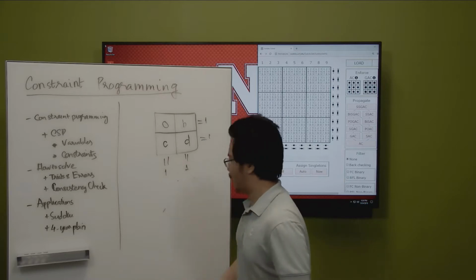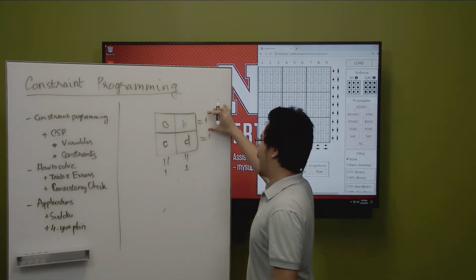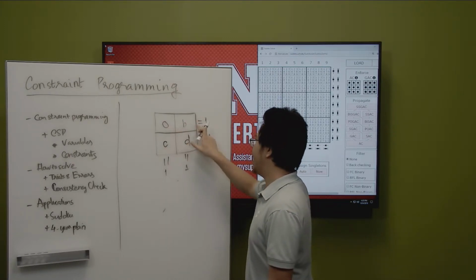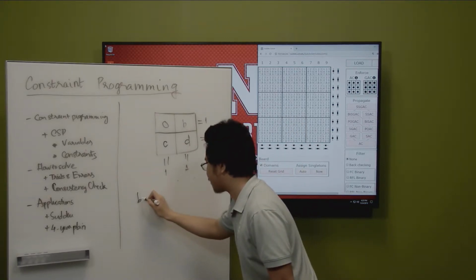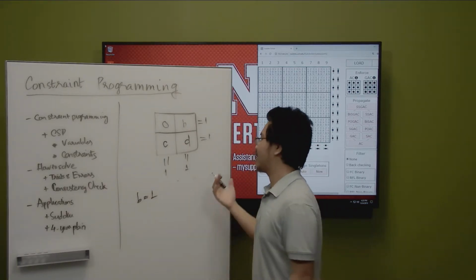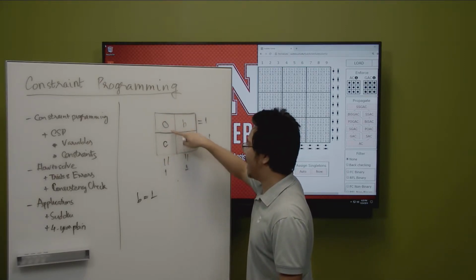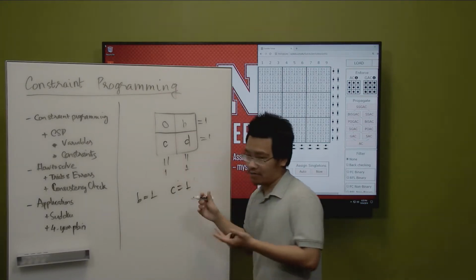For example, in this example, let's look at the first row. We know that the sum of 0 and B is 1. So B has to be 1. B cannot be 0. Look at the first column. The sum of C and 0 is 1. So C also has to be 1, not 0.